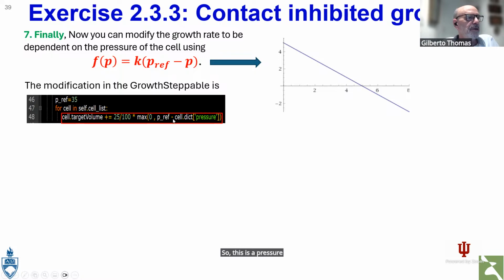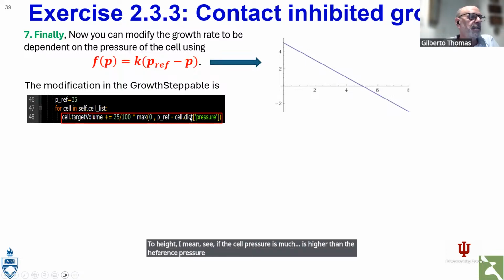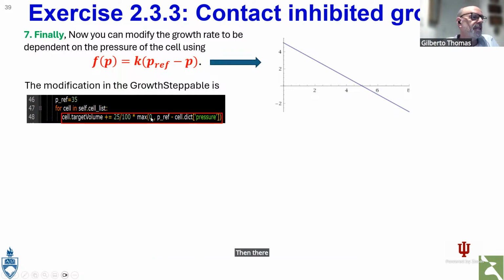If the pressure becomes too high, I mean, if the cell pressure is higher than the reference pressure, this quantity becomes negative. Then there is no growth. The max function gives you 0, and the target doesn't grow.